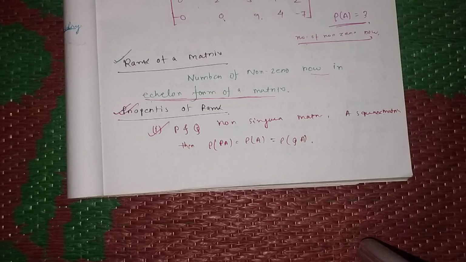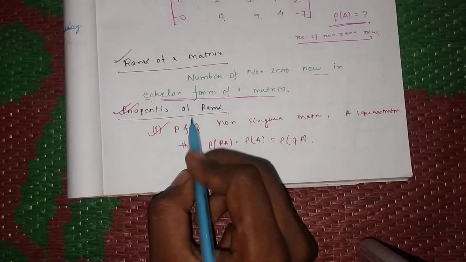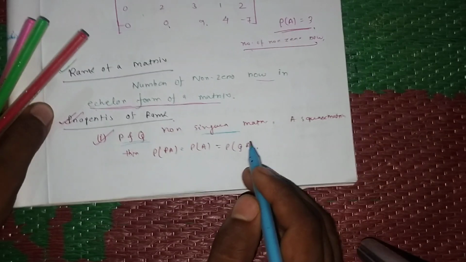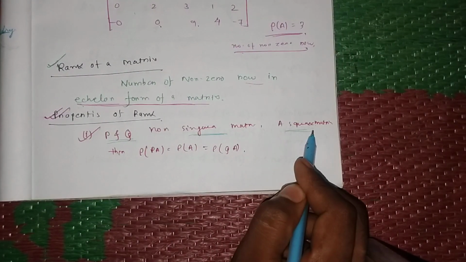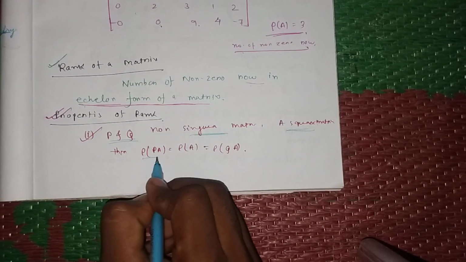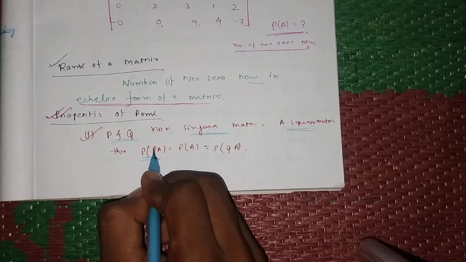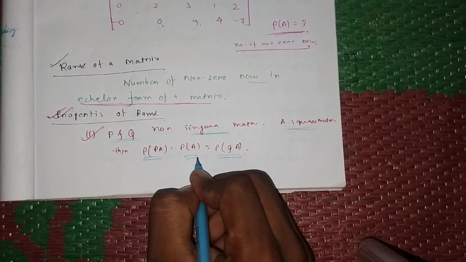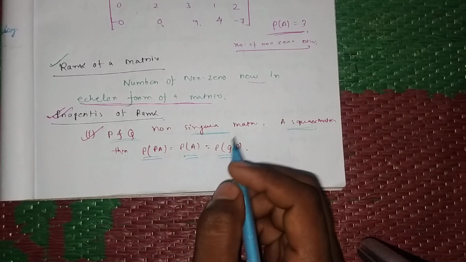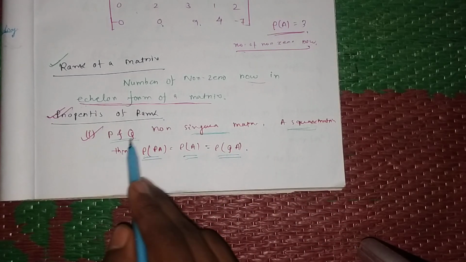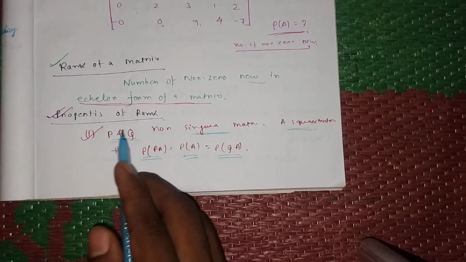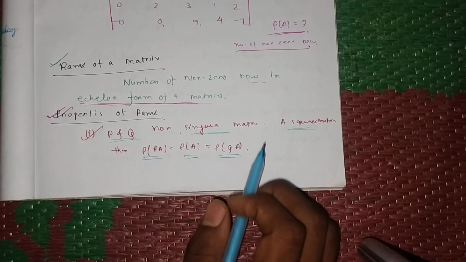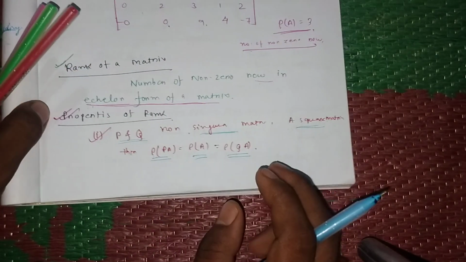First property: if P and Q are non-singular matrices, that is, determinant of P and determinant of Q are non-zero, then rank of PA equals rank of QA equals rank of A. A can be any matrix, P and Q non-singular matrices. Then if R is a non-singular matrix, rank of RA is also equal to rank of A.